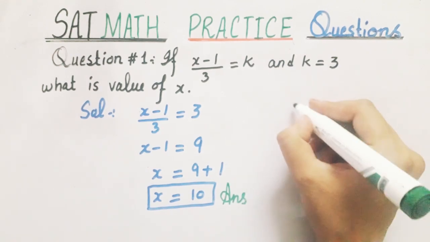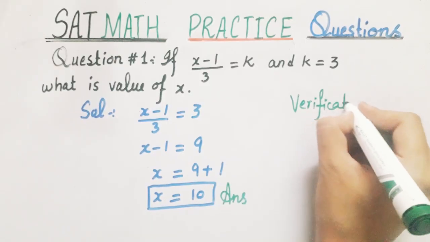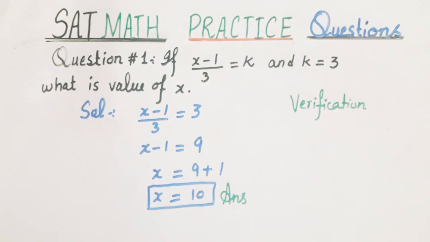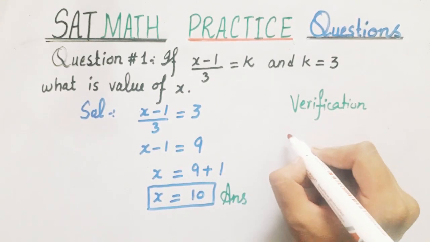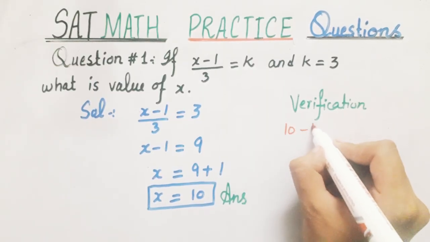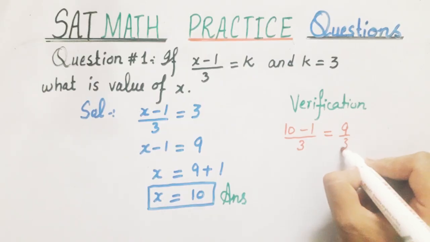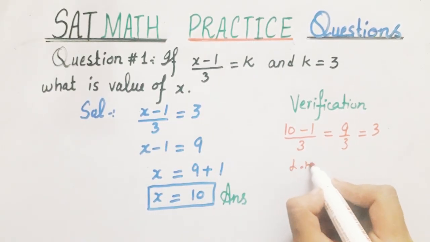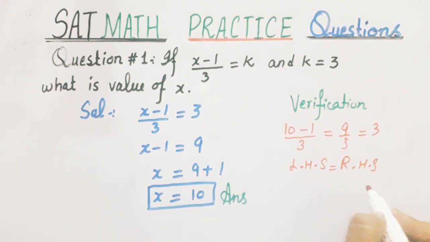For verification, just substitute the value of x in this equation and see whether the right hand side equals the left hand side or not. So (10 minus 1) by 3 equals 9 by 3, that equals 3. It means the left hand side equals the right hand side. This shows that we have found the correct value of x.